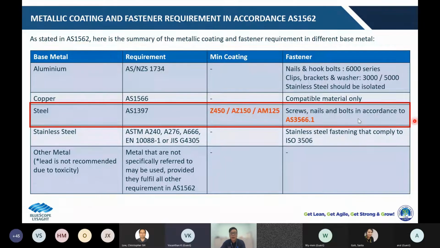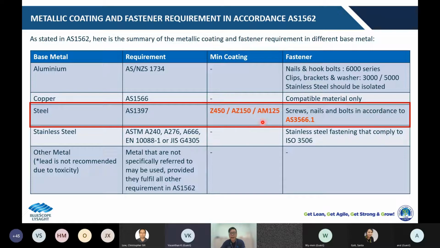So there's a reason you can only see 3 types of the minimum coating requirement, which is stated in this column 3, which is the Z450. It means that zinc with the minimum coating mass of 450 gram per meter square, and ZA150 means the zinc alloy with aluminum, and the minimum coating mass is 150 gram per meter square.